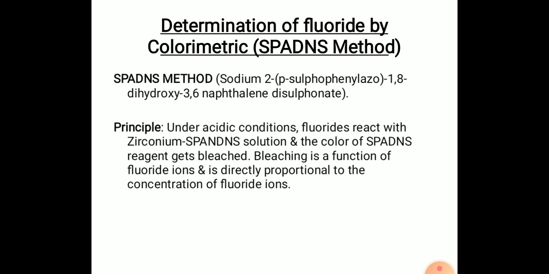Next we'll go through the procedure. First we need to prepare the solution. Prepare a blank solution by adding 10 ml SPADNS solution in a 100 ml standard volumetric flask. As it is a blank solution, we need to take distilled water in this case.